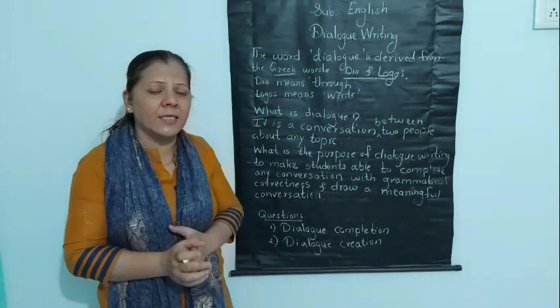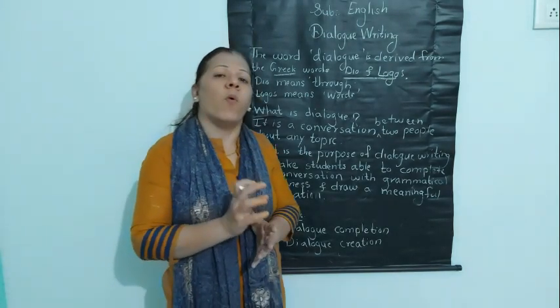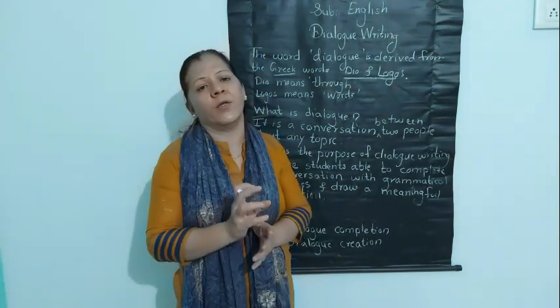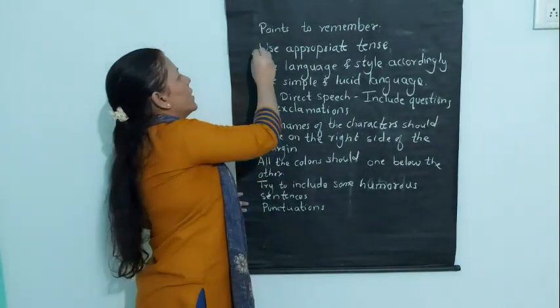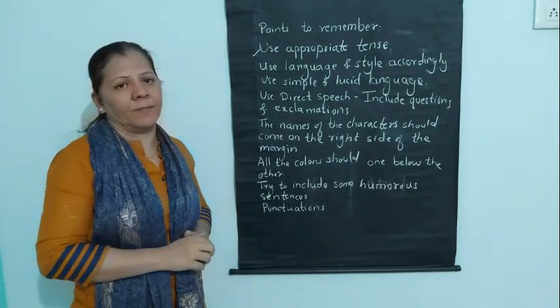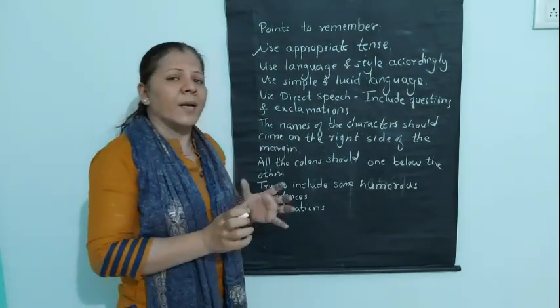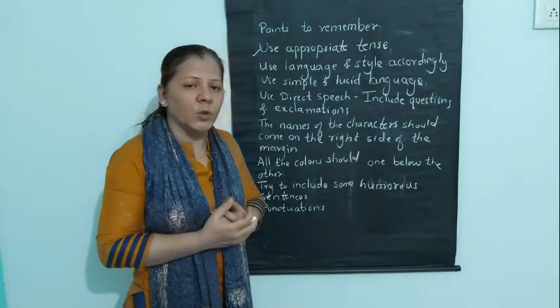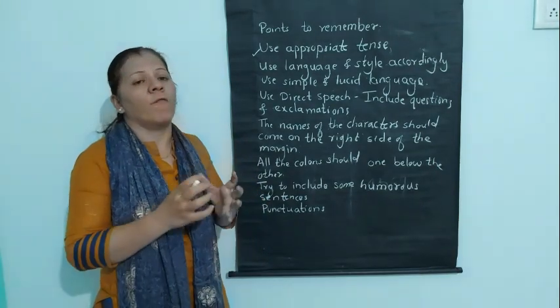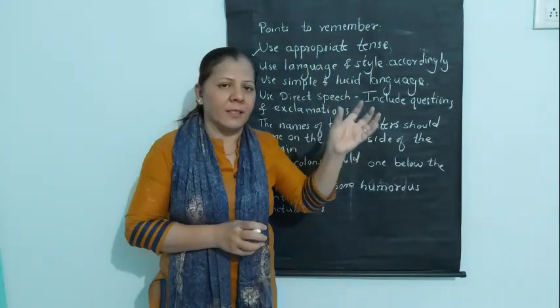Now let us see what are the points to remember when you write a dialogue. First is use appropriate tense. Depending on the situation and the given topic, you have to use appropriate tense.